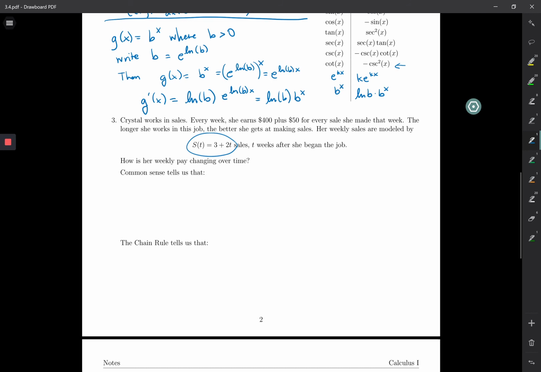Notice that for each week, she's going to make 2 more sales over that period. So each week, she makes 2 more sales, and for each sale that she makes, remember, she makes $50.